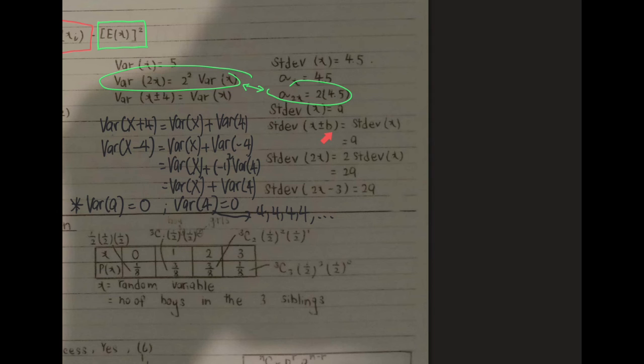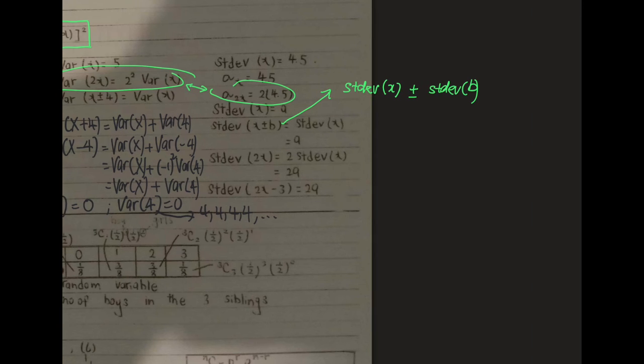Same with this one, plus or minus 4. It is supposed to be something like this: standard deviation of x plus or minus standard deviation of 4, or of b. So again, this is 0.